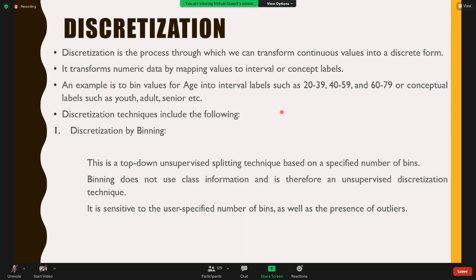You can discretize them into interval labels or some conceptual labels.